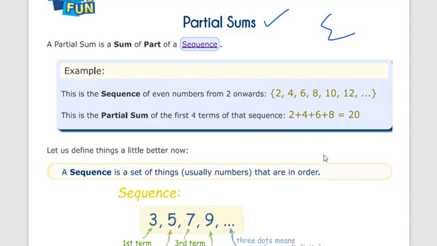We already discussed summation in an arithmetic sequence and summation in a geometric sequence. But if it is not arithmetic or geometric, then how do we get the summation of all the numbers? So this is the basic rule of partial sum and its properties that we have discussed.